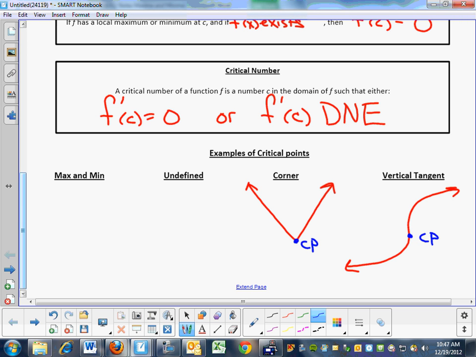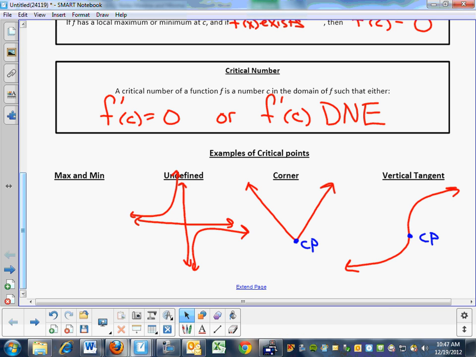You have to find that. Something interesting happens at that spot. You could have a situation where the function is undefined. That looks like this. So we have a critical point at 0. Because the function is undefined, it has vertical asymptotes. And the last one is the one we just talked about.